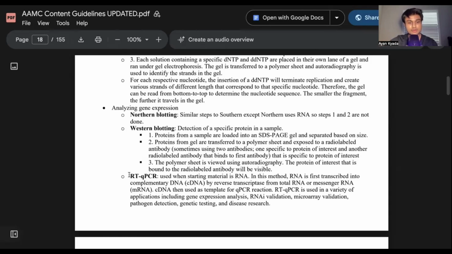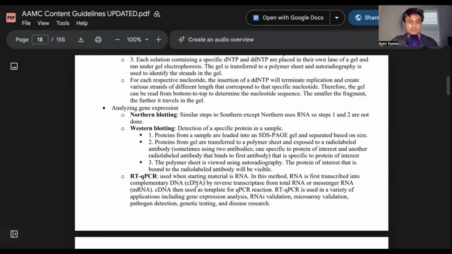So you start with the mature mRNA that is already post-transcriptionally processed, so all the introns are spliced out and everything. And you use an enzyme known as reverse transcriptase to create a complementary piece of DNA known conveniently as cDNA. And remember, we talked a lot about cDNA earlier.